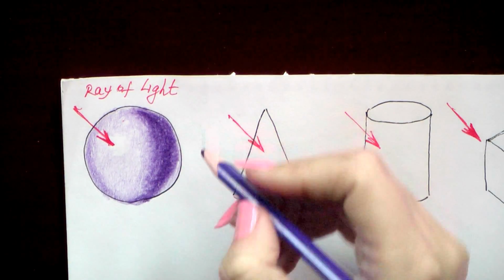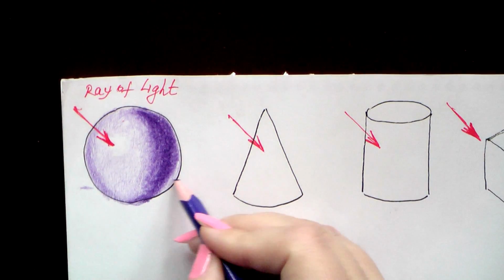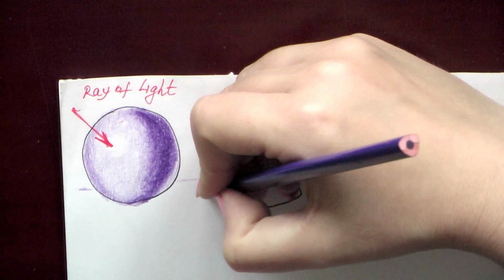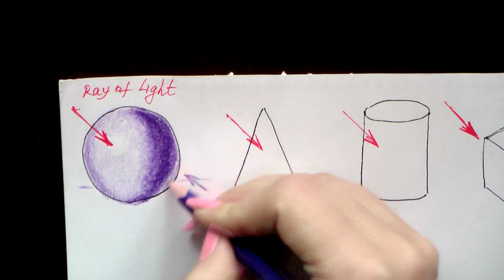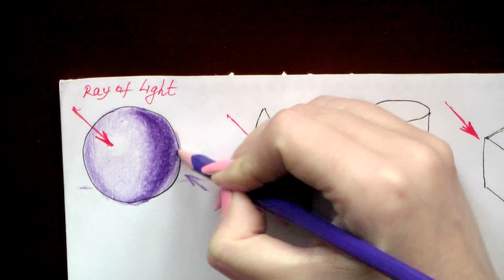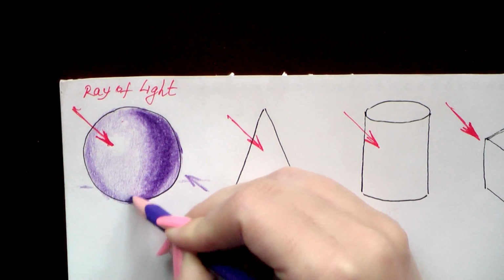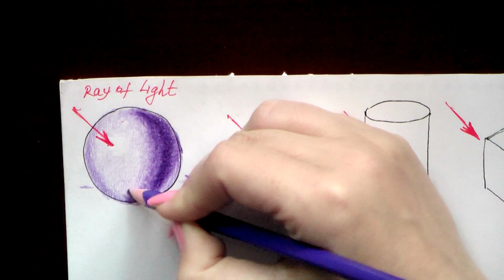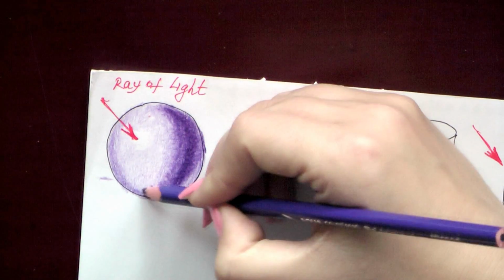The core shadow, and here we have a reflected highlight, because when we have our sphere on some surface, we have reflected rays of light from this surface. So here we have a reflected highlight, and it's quite similar to the mid-tone. So, already not so flat.